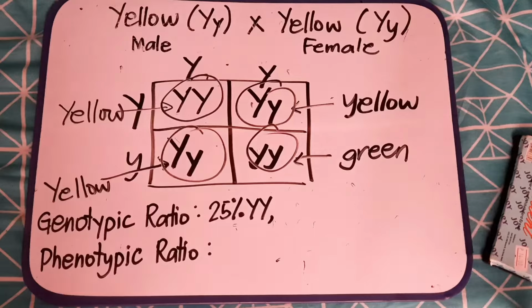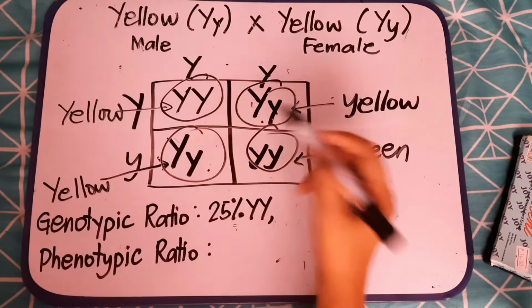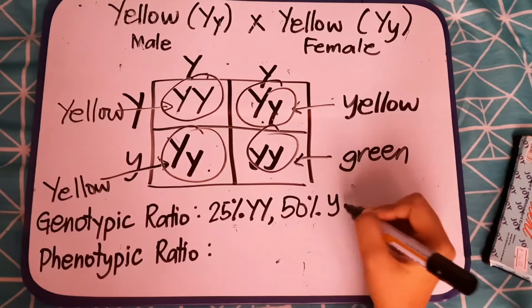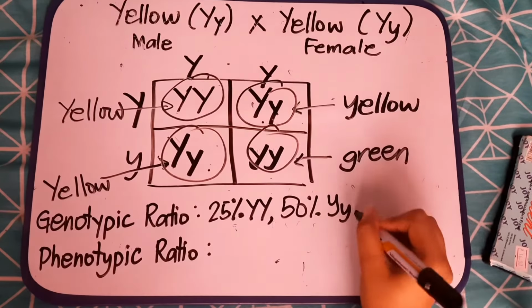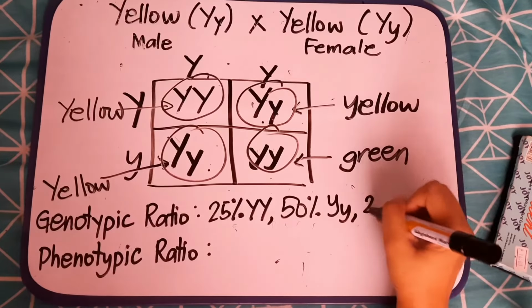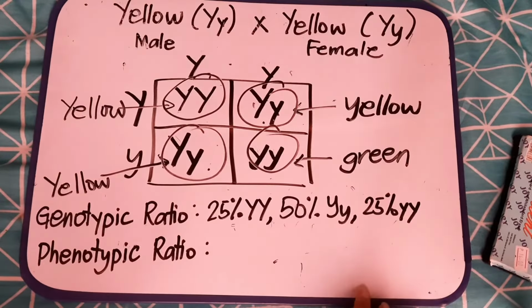And then, we have dalawang magkatulad. Ibig sabihin, 50% ang ating heterozygous. Ayan. And then, isa lang ang ating genotype na ganito. So, this will be 25%. Okay. Small letter y or homozygous recessive.